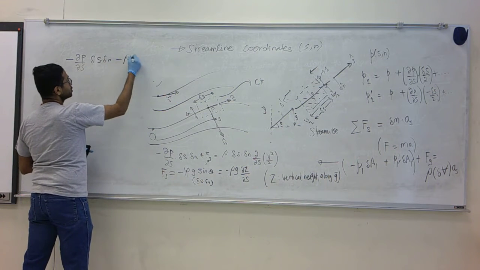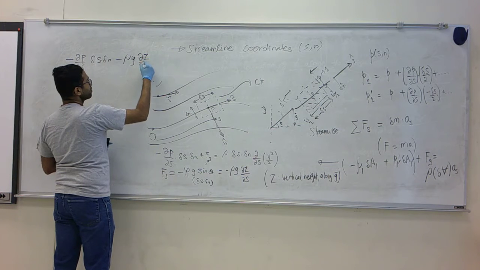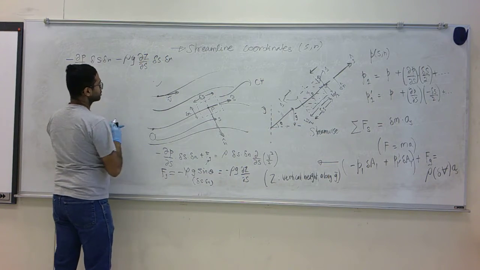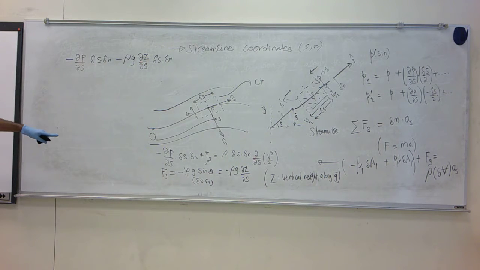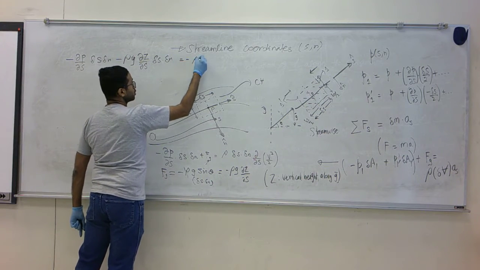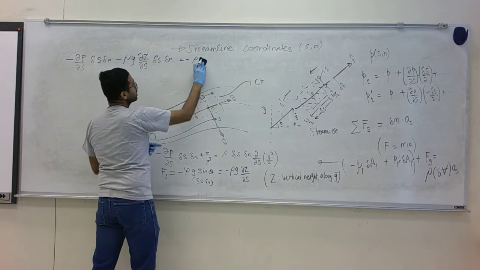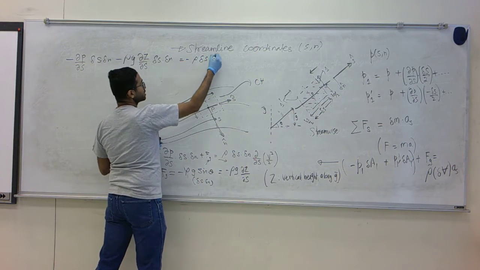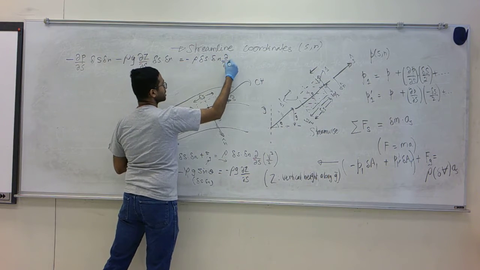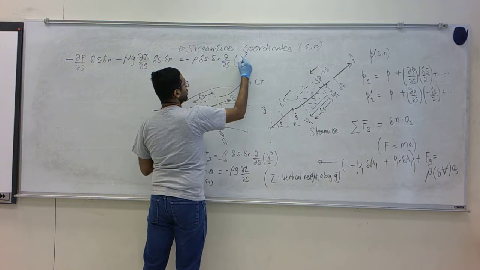So I have minus rho g partial z over partial s delta s delta n. Okay, and then on the other side I have minus rho times delta s delta n partial s of v squared over 2.